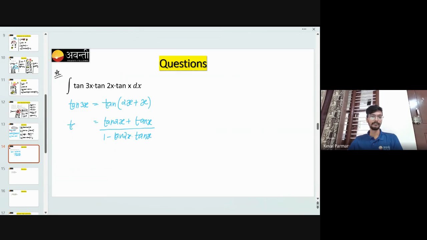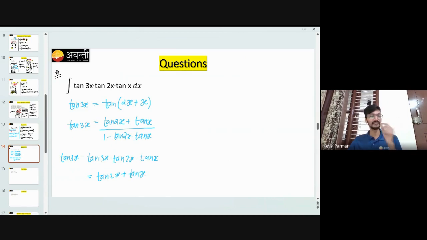And on the left hand side we have tan 3x. If I cross multiply here, can you see it directly? I will get tan 3x minus tan 3x into tan 2x into tan x, and on the right hand side, equals tan 2x plus tan x.